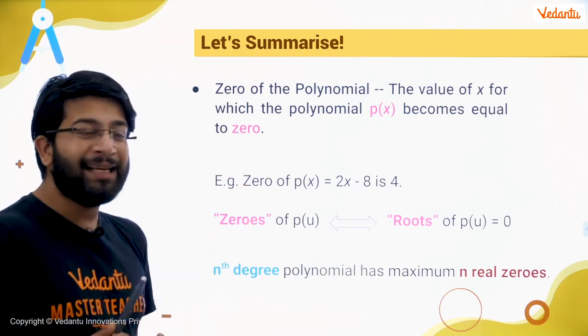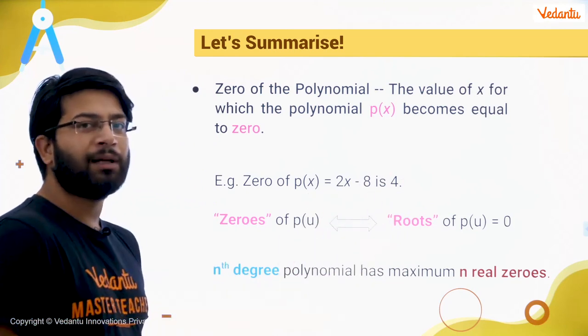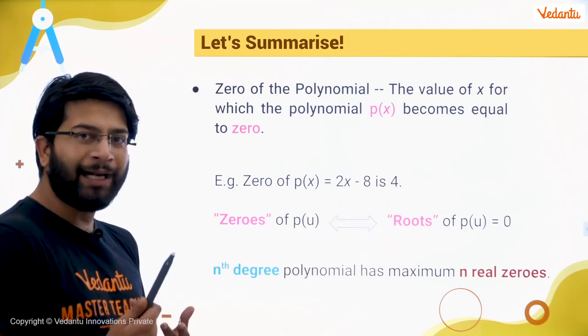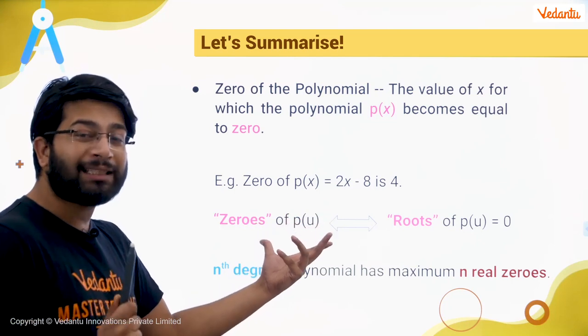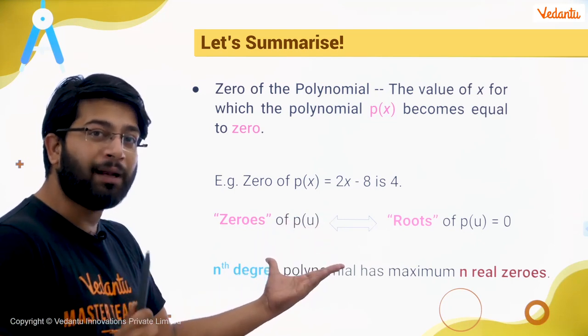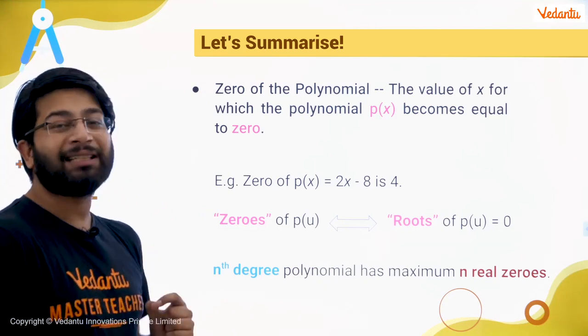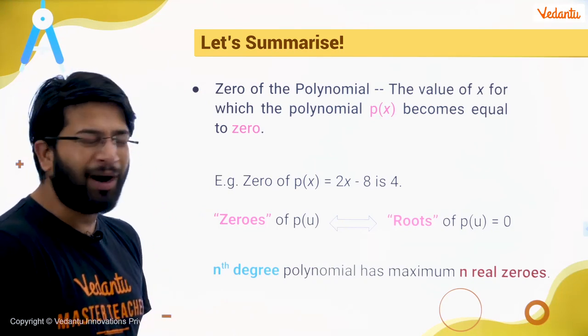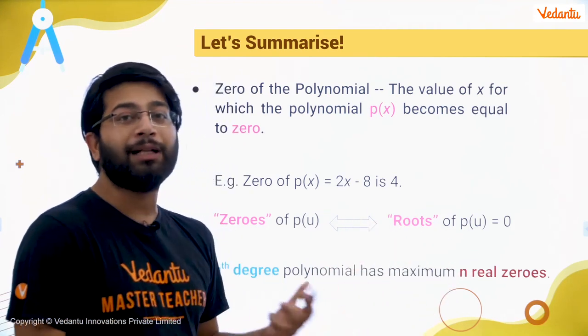After that, we have seen that zeros of the polynomial and roots of an equation are the same values. The only difference is, if I put the equality sign in front of the polynomial, it will become the equation. And the last concept that we have learned is that an nth degree polynomial has maximum n real zeros.